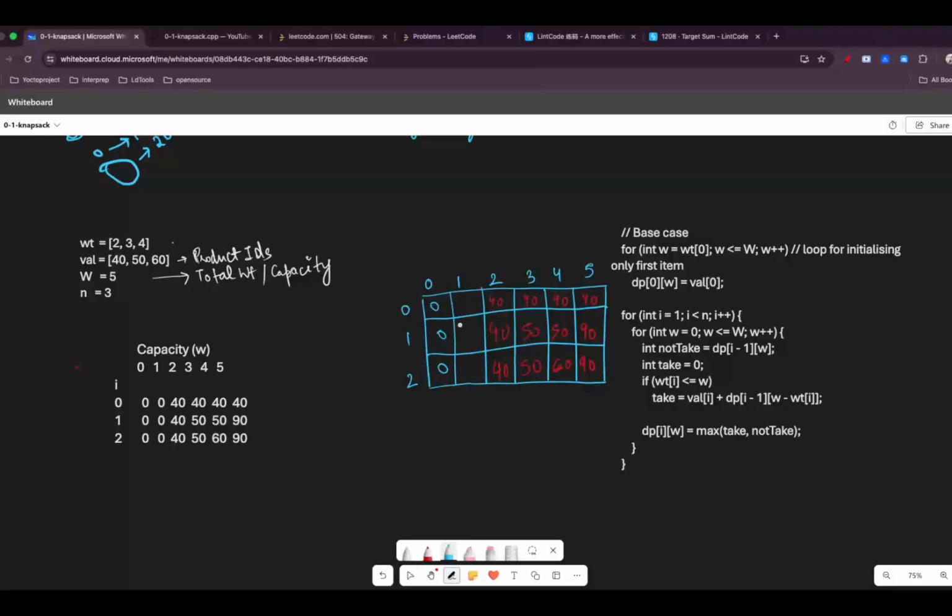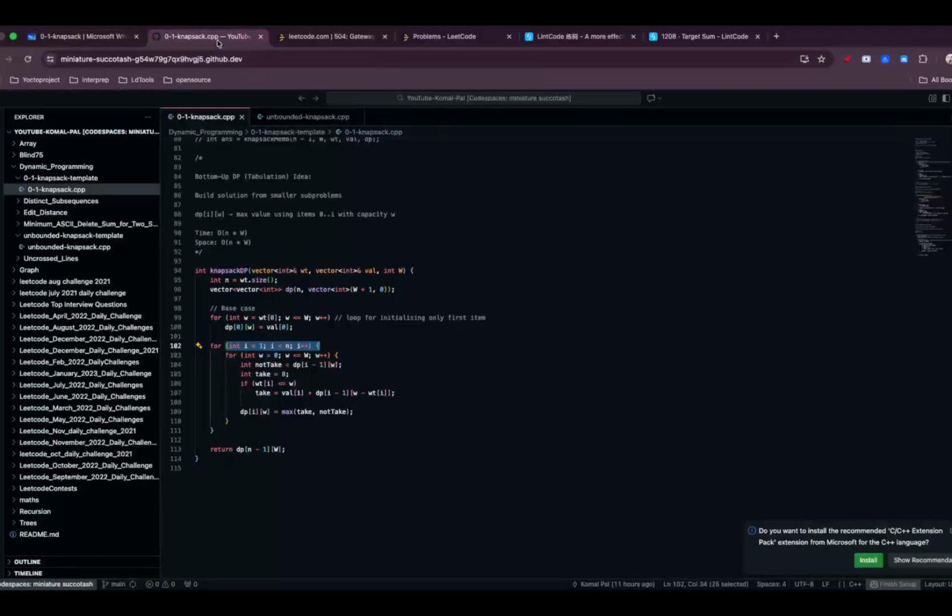Now if we take, not take will be 0, and our take case is take equal to 0, initializing with 0. Then we check the weight of I, that is weight of 1.